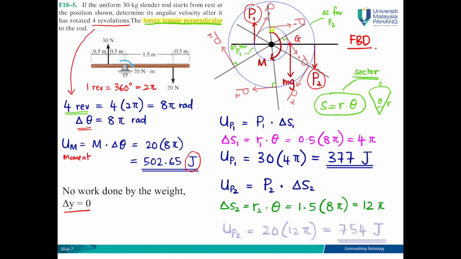So in the end, you will get U P2 equal to 754 joule. So that's how I have demonstrated several calculations of work done. In the next video, we'll be calculating the angular velocity using the principle of work and energy.